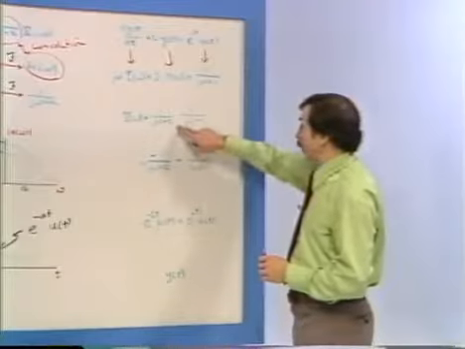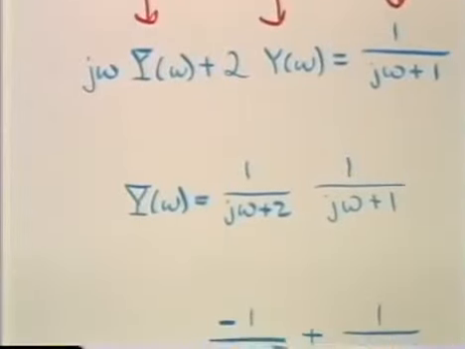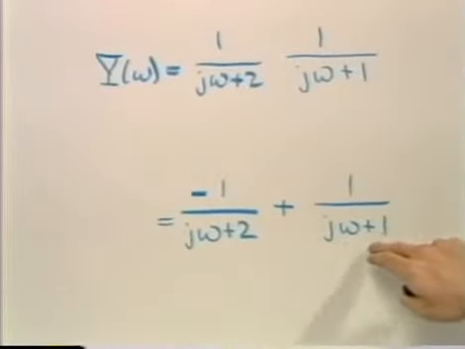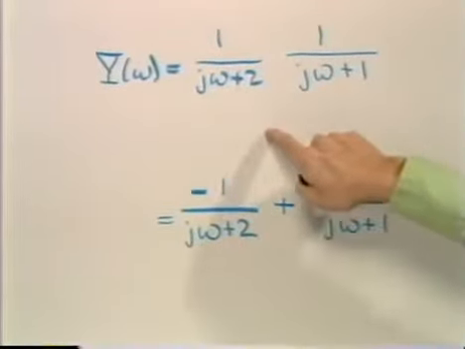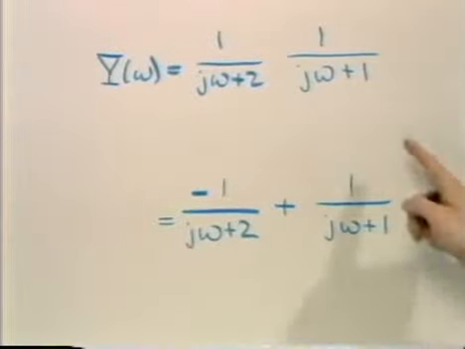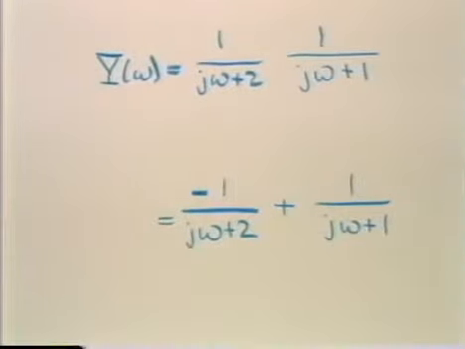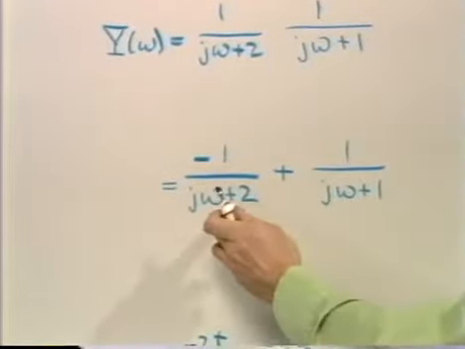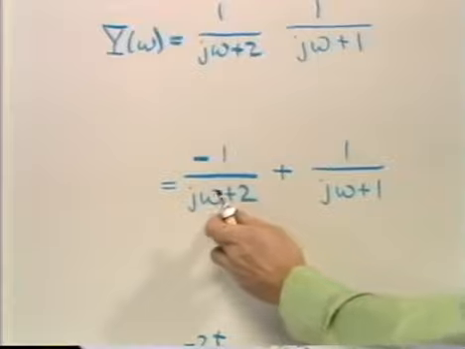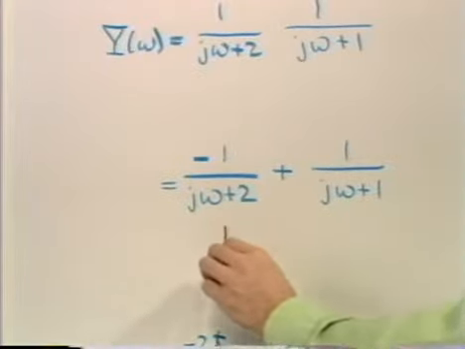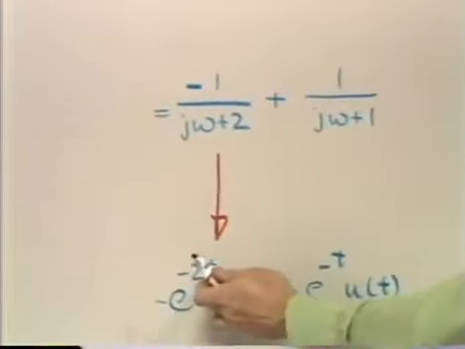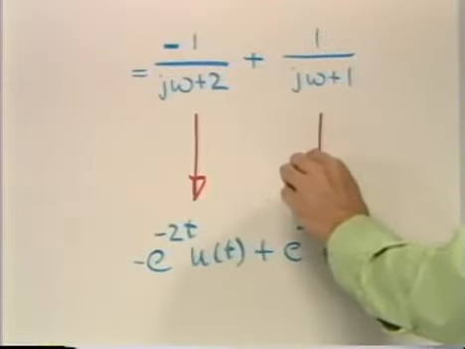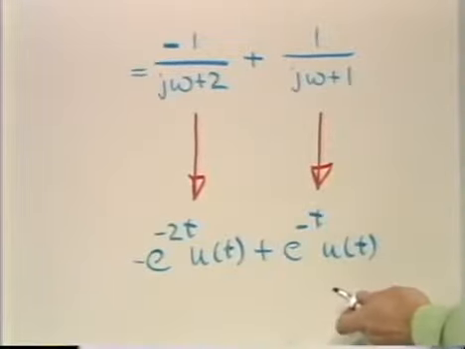Okay, so if we expand this out in a partial fraction expansion, and you can just verify that if you add these two together, you'll get back to where we started. We now have the sum of two terms. And if we now recognize by inspection the inverse Fourier transform of this, we see that it's simply minus e to the minus 2t times the unit step. This one is plus e to the minus t times the unit step.